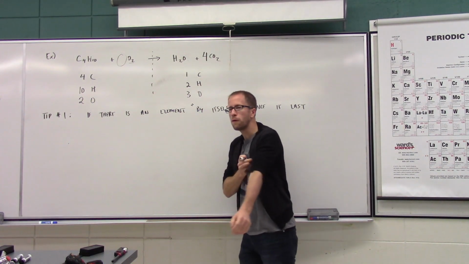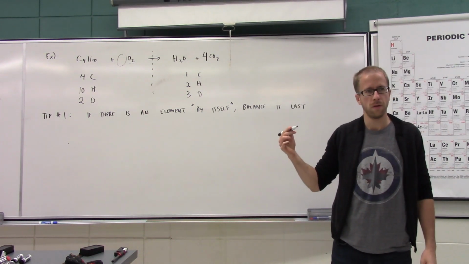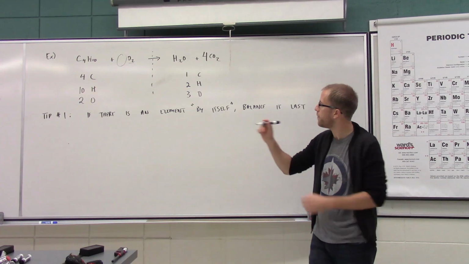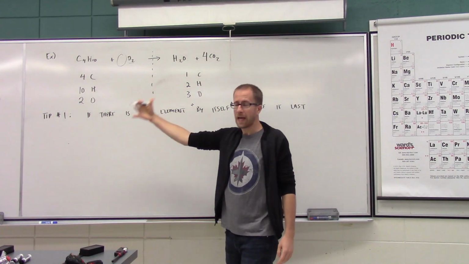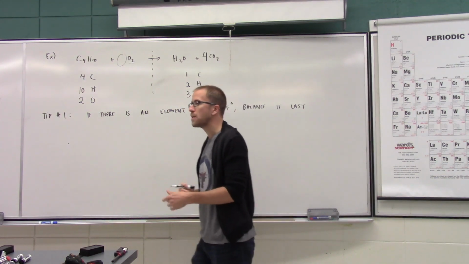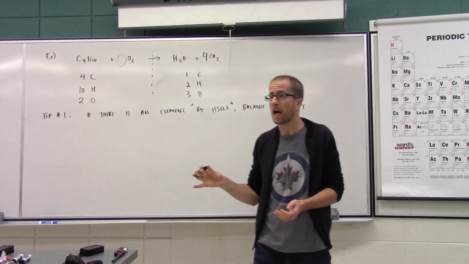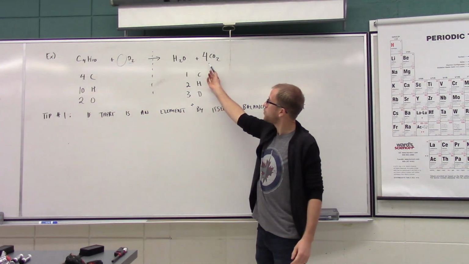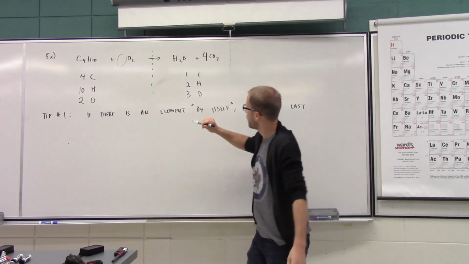And after I add a coefficient, what do I have to do? I have to recount, right? Every time I add a coefficient, I'm going to recount. And this is just going to make it so that you won't make any mistakes as you go along. Because sometimes, by adding a coefficient in front of here, because we're changing 2 elements, it might balance things out.